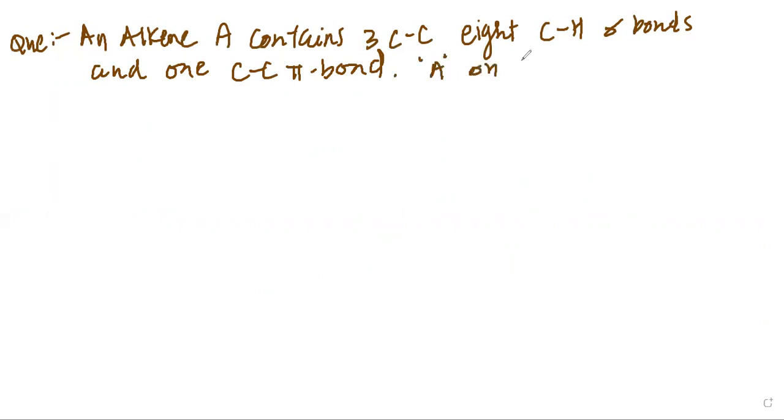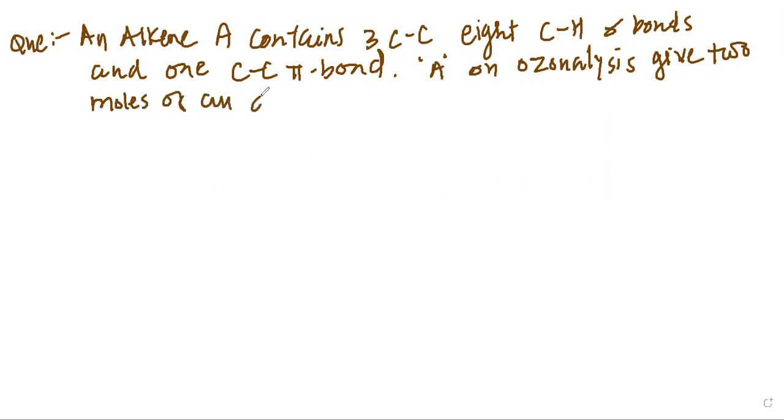A on ozonolysis gives 2 moles of an aldehyde of molar mass 44 u.